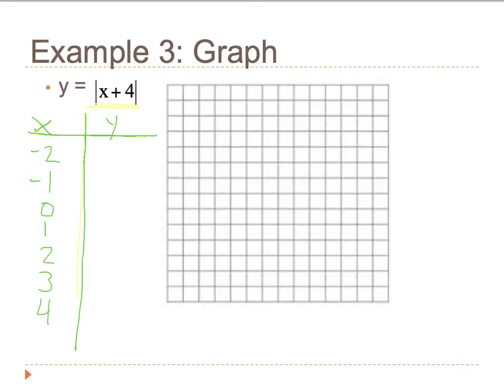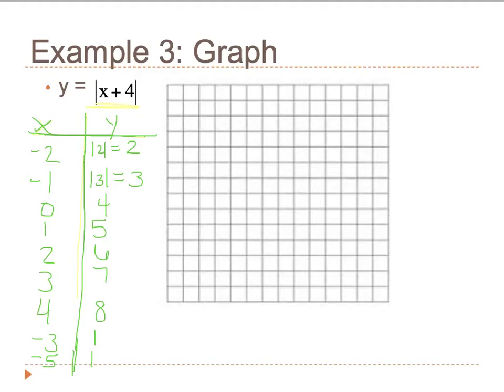This is an absolute value function, so if I put in -2, I end up with the absolute value of +2, which is 2. If I put in -1, I end up with the absolute value of 3, which is 3. Here I'd end up with 4, 5, 6, 7, 8. Let's try a couple more negative. Let's try -3 or -5 and see what happens. So -3, I'd end up with +1. -5, I'd end up with +1 again.